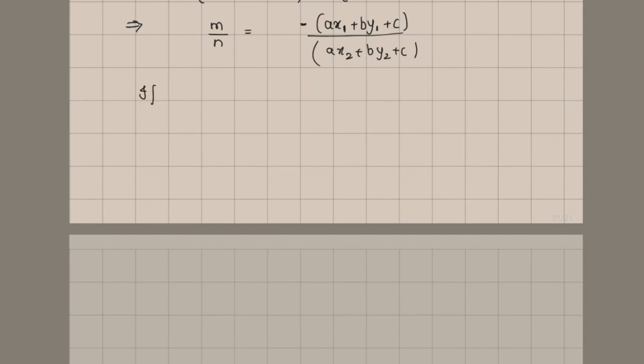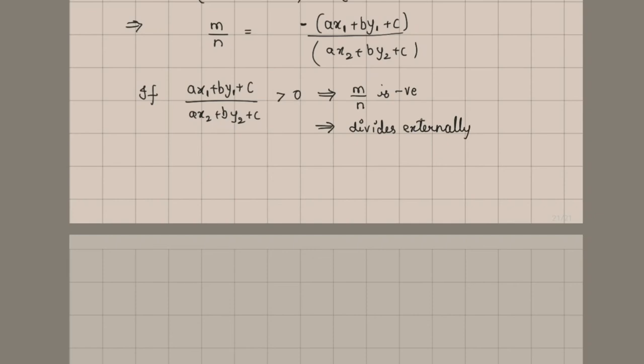If (Ax1 + By1 + C)/(Ax2 + By2 + C) is greater than 0, so m by n is negative, which implies it divides externally, which means on the same side of the line.